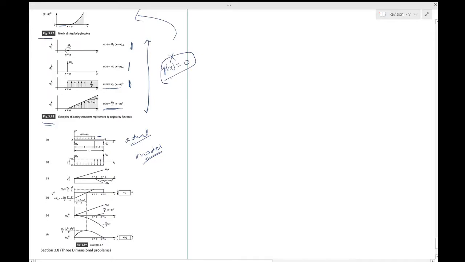To get around this, they apply the same force in opposite directions on this part. So in effect it's as if there is no force over there, and they can still apply the singularity functions. That's why this model is slightly different from the previous case, because this will allow us to use singularity functions.